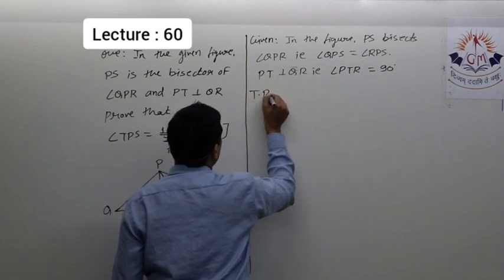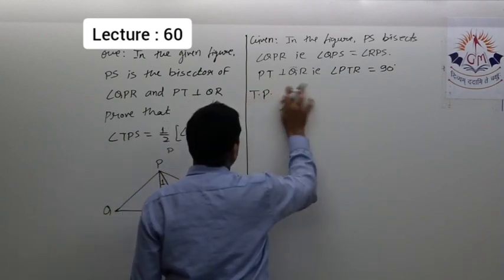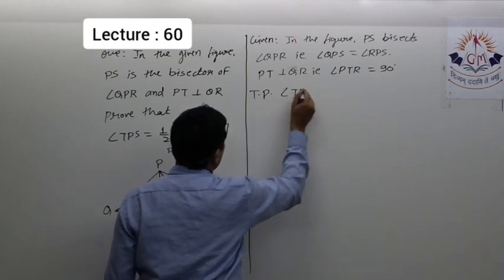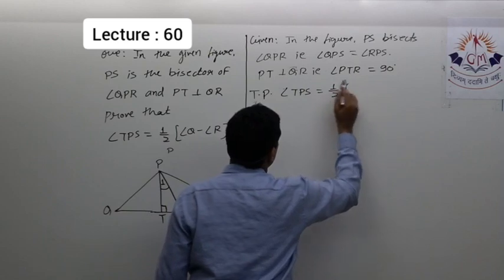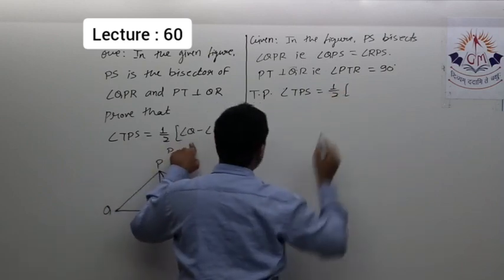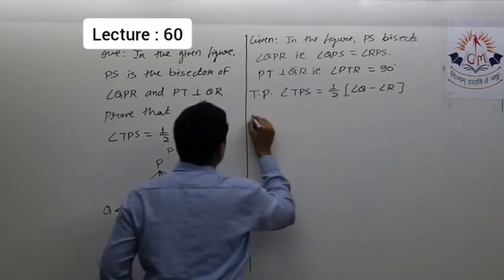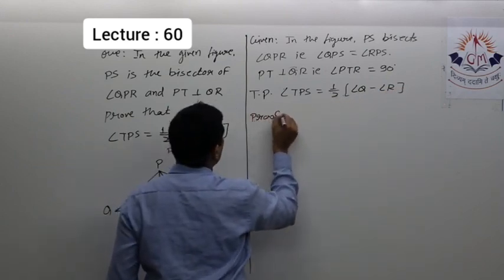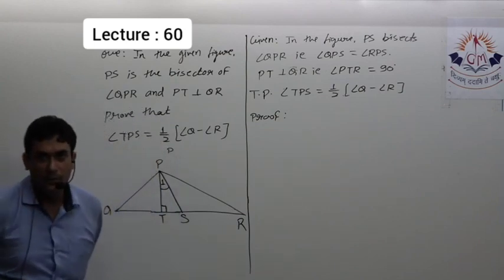To prove, what we have to prove, is angle TPS is equal to 1 upon 2 of angle Q minus angle R. So let us see how to prove it. Okay, so think for a while, then I will give you the solution.